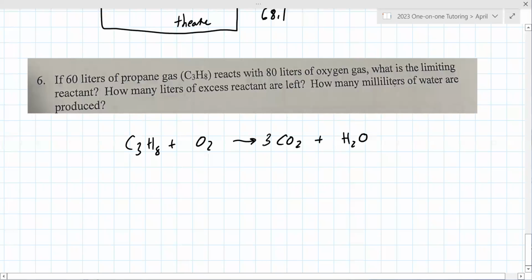If you put a 3 there, that gives you 6 O's, 7 O's, and that's off here. So let's go to the H's. If we put a 4 there in front of the H2O to get 8 H's, that's 4 O's, 6 O's is 10 O's, so 5 there to maybe get that to balance.